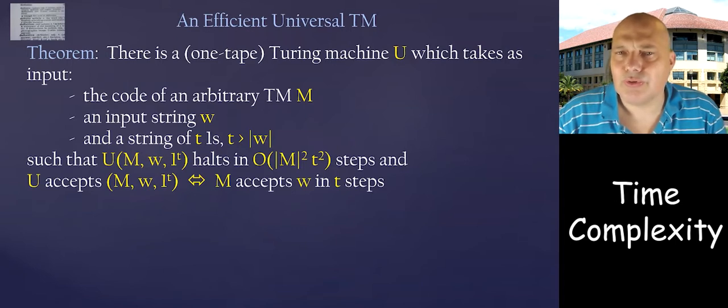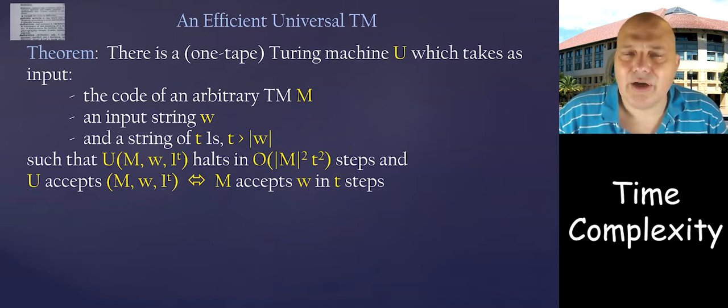We don't want to discuss any simulation in time that is sublinear. It doesn't make much sense for a Turing machine. It does make a lot of sense for other models, which I don't know if we'll discuss. Well, actually, we will discuss one example.